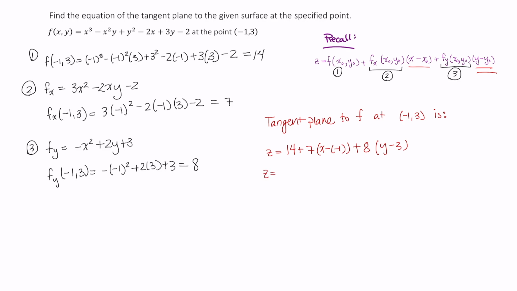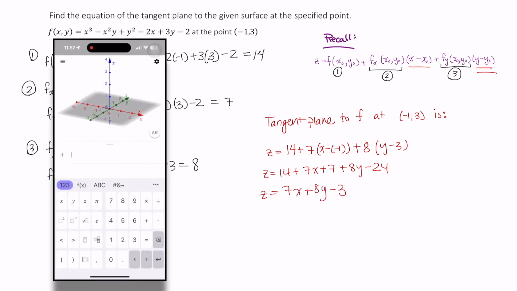Distribute and simplify this to get 14 plus 7x plus 7 plus 8y minus 24. And this works out to be z equals 7x plus 8y minus 3.